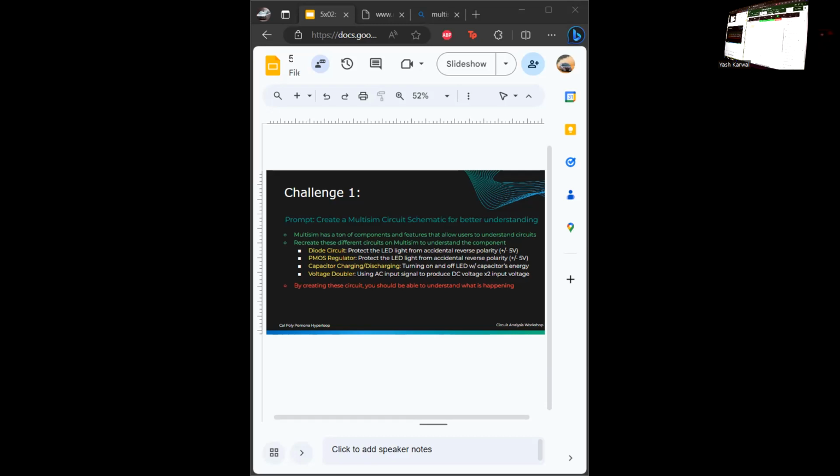This switch is needed because if this wasn't here and you were to close it, it's going to go through the LED light too, right? So we're going to have this as an open switch so that you can see that this will actually start discharging. All right, begin your simulation connection.